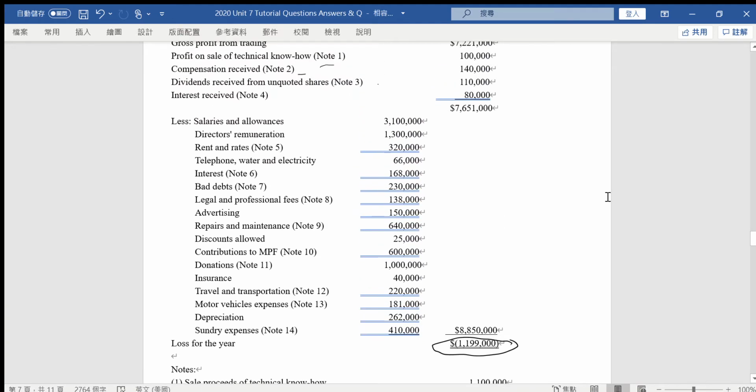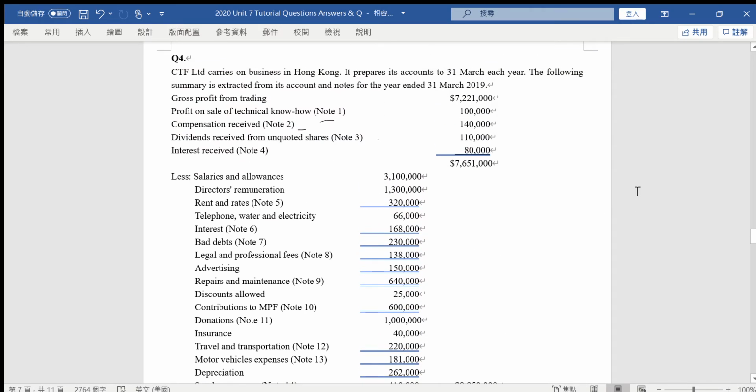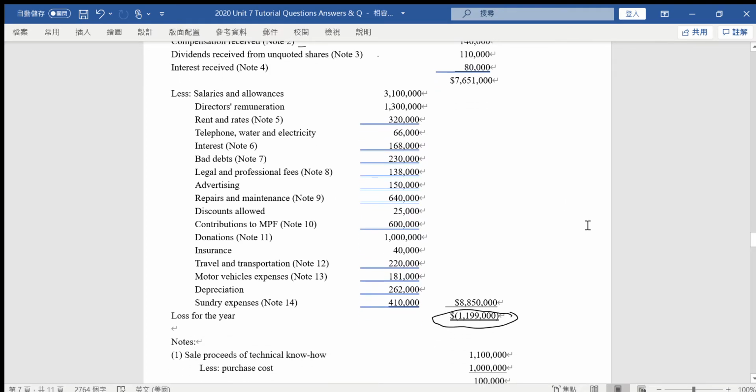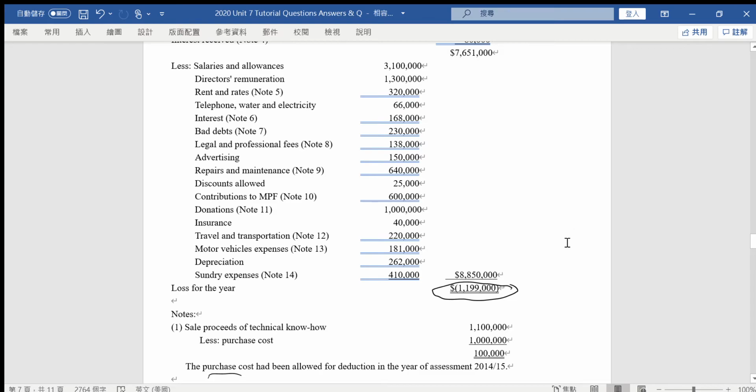Because of that, the company has already included 100,000 in the income statement already. But according to the ordinance, you will find that the concerning sale proceeds will be treated as trading receipt, right? But limited to the original purchase cost only.